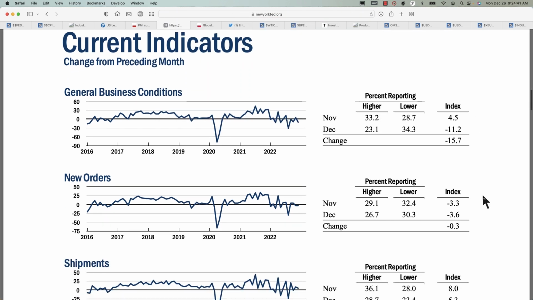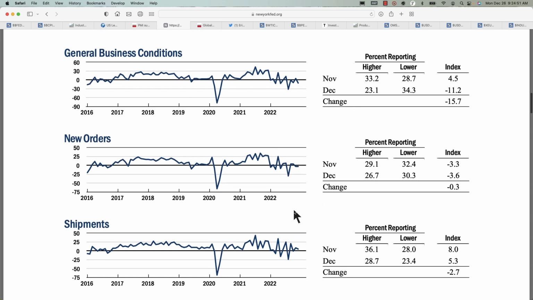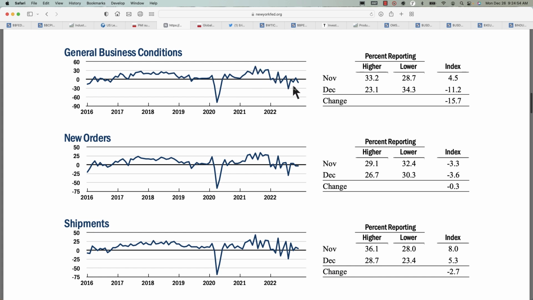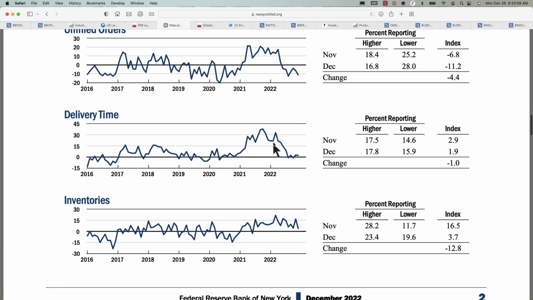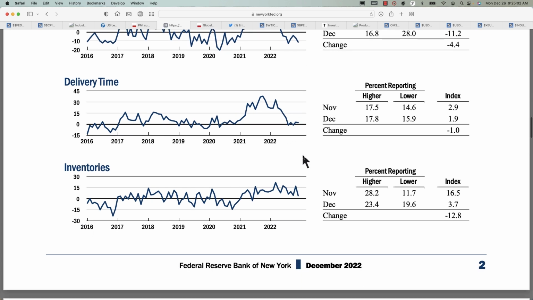This is a chart that you can go get at the New York Fed, but the big thing for me is most of the current indicators are pointing down, and if you ask for the future indicators, of course, most people are trying to be more optimistic. So most of the future ones are ticked up, even though they haven't seen it in the economy yet. So business conditions, new orders, shipments, unfilled orders, delivery time has gotten back to normal, so that's good.